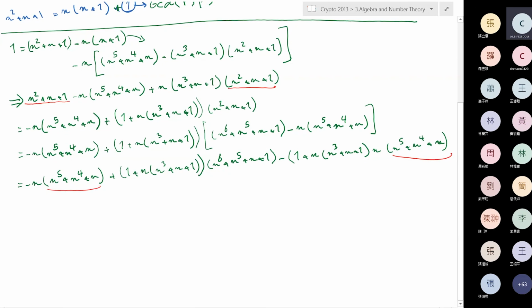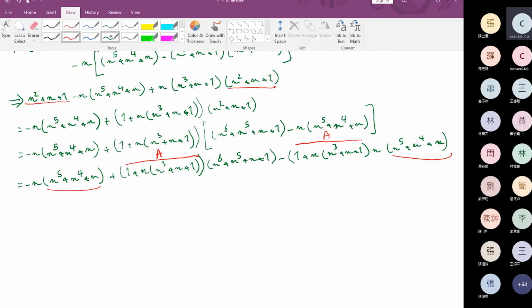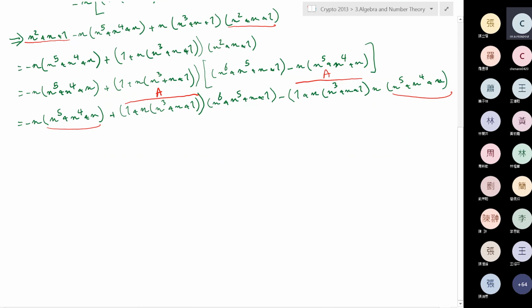So instead of keep writing this equation over here, I would rename this one to be A. And then over here, it repeats, so I can say this is also A. I just change the variable, get a variable A to denote that, to write less.